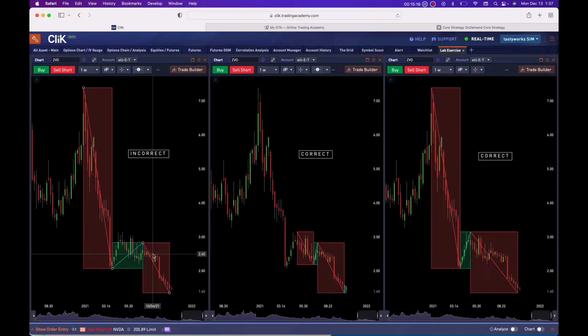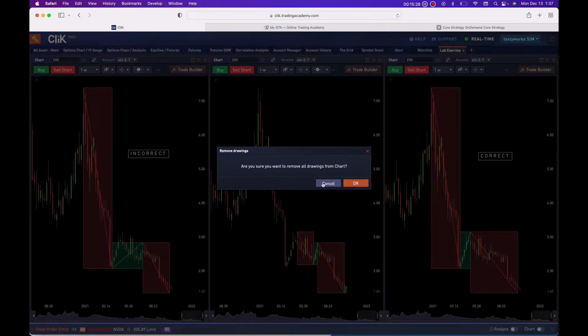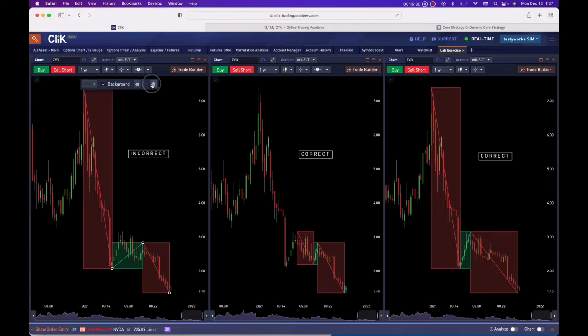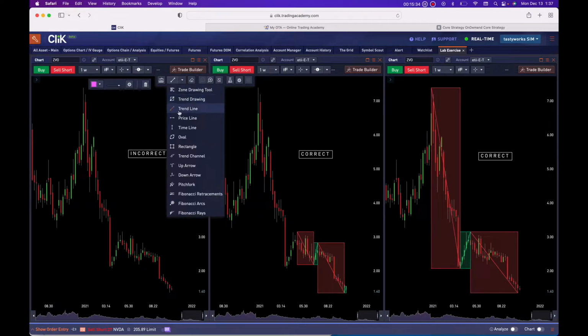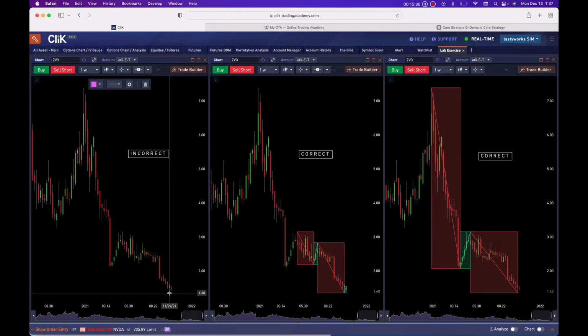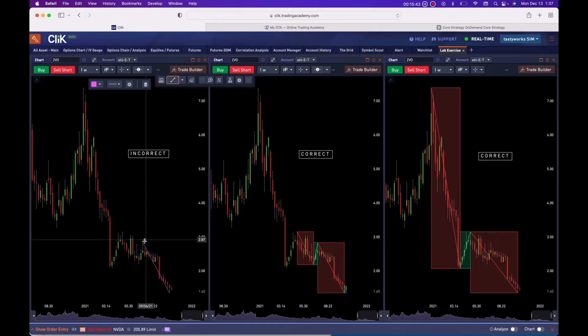So let's say on your particular chart, if you weren't using trend boxes, let's say you were using trend lines only, we can go ahead and delete this. And let's say we decided to go with just using trend lines. So we come here, then we have another trend line right here.